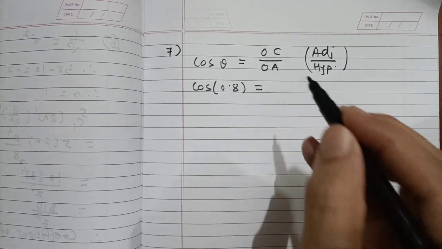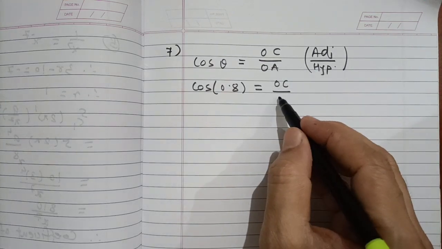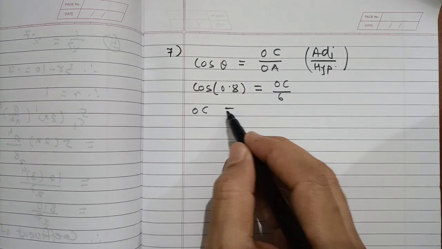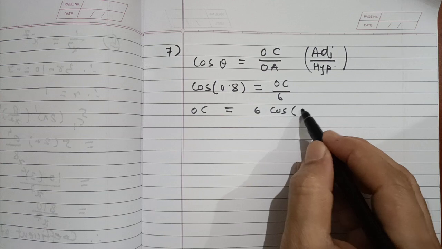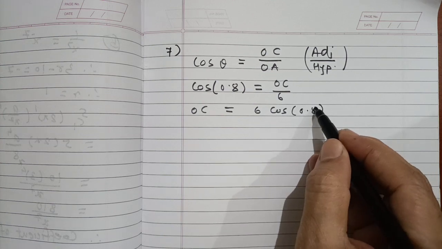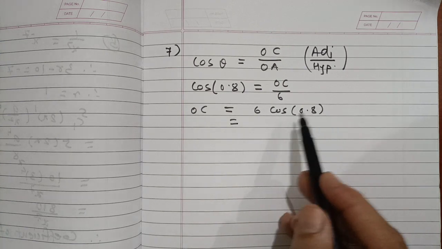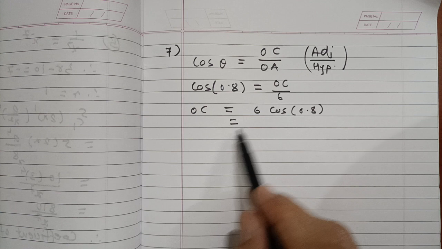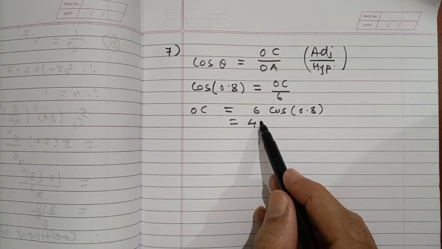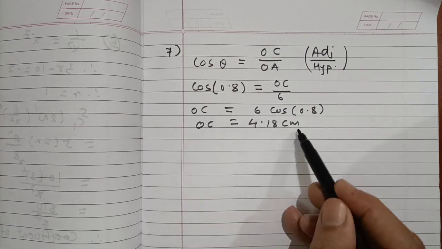OC is not given, but OA is given, 6. So OC is equal to 6 into cos 0.8. By using the calculator we can find the value of 6 cos 0.8, which is equal to 4.18 centimeter. So OC is equal to this much.